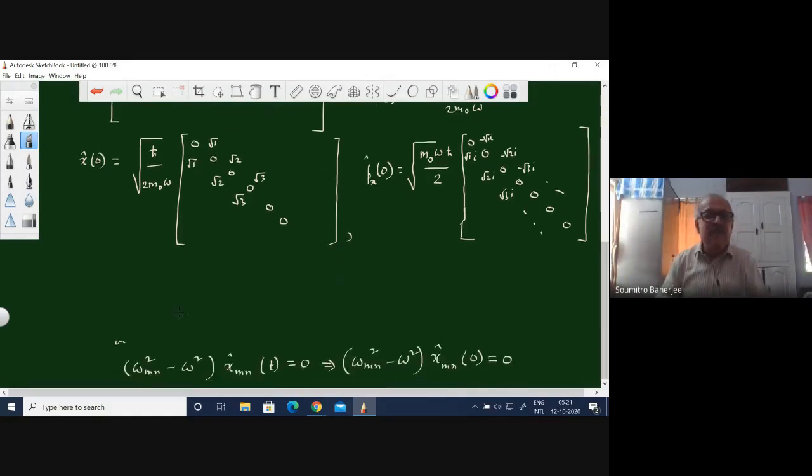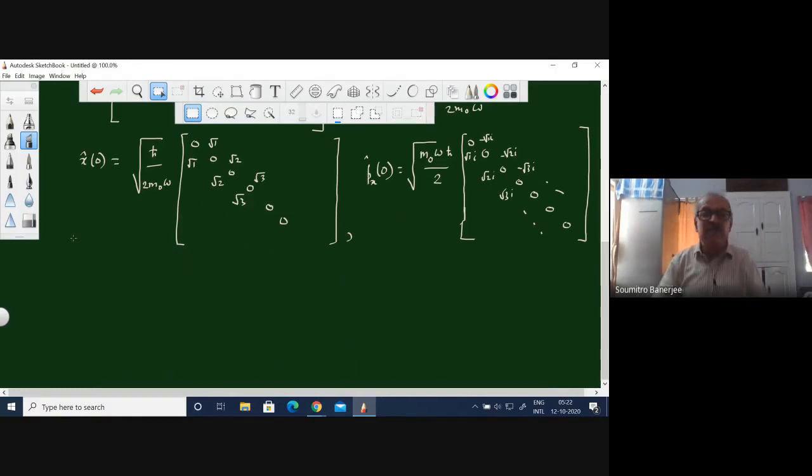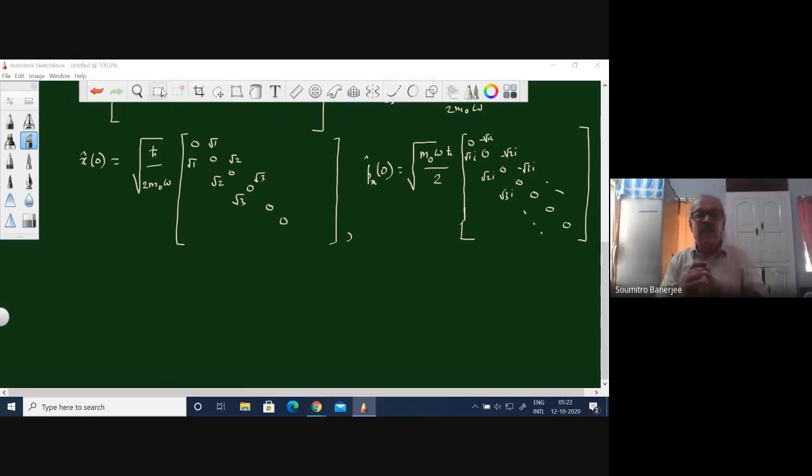Now the question is, can we obtain the results that we had earlier obtained for the harmonic oscillator? You'll notice that for X squared, the diagonal elements Nn, you have to multiply this matrix twice and figure out what the diagonal elements will be. The diagonal elements will not be 0.